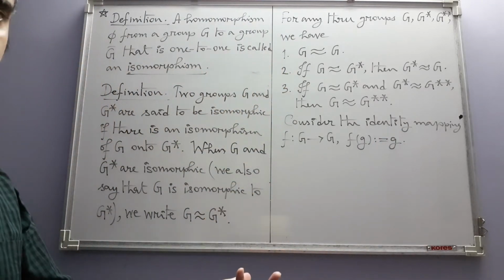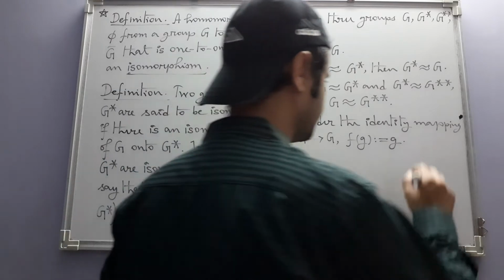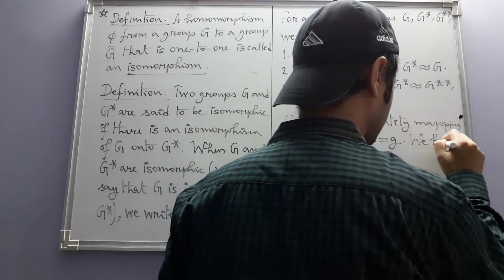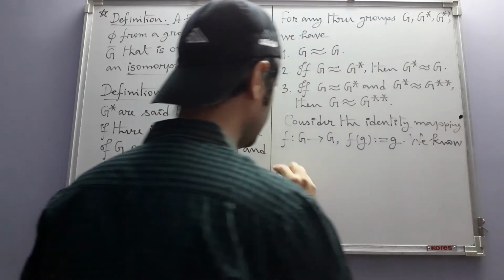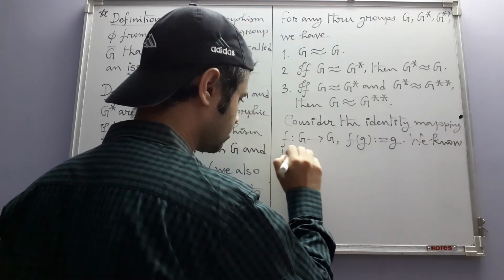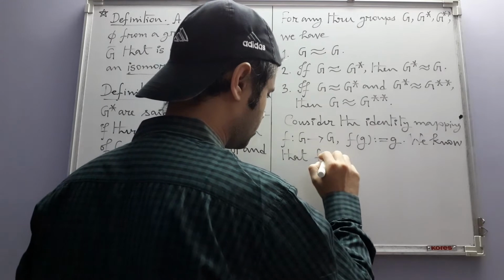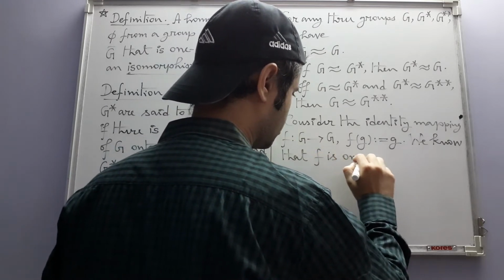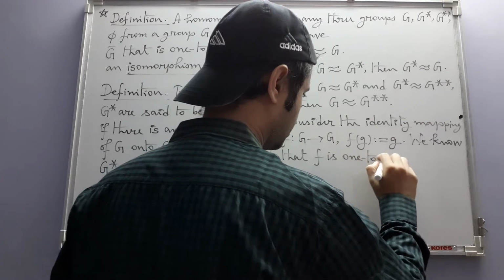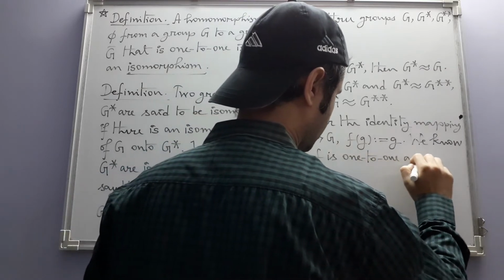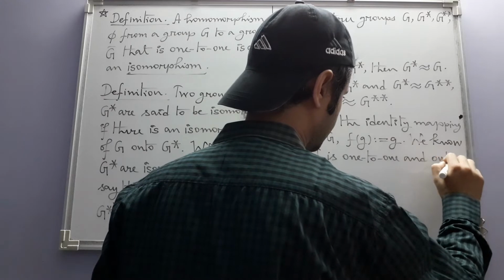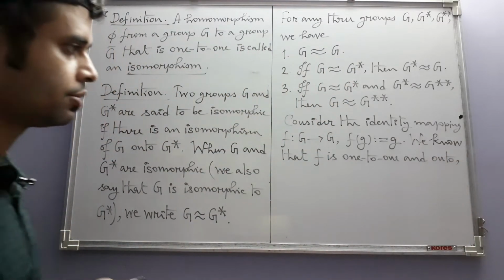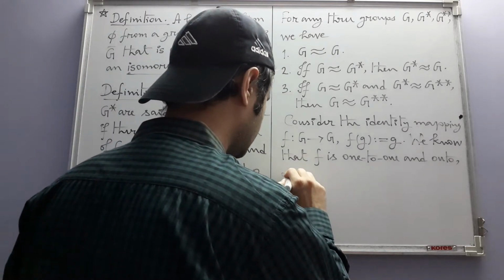Every element is mapped onto itself. We know that F is 1-to-1 and onto. This we already know. The identity map on any set is 1-to-1 and onto.